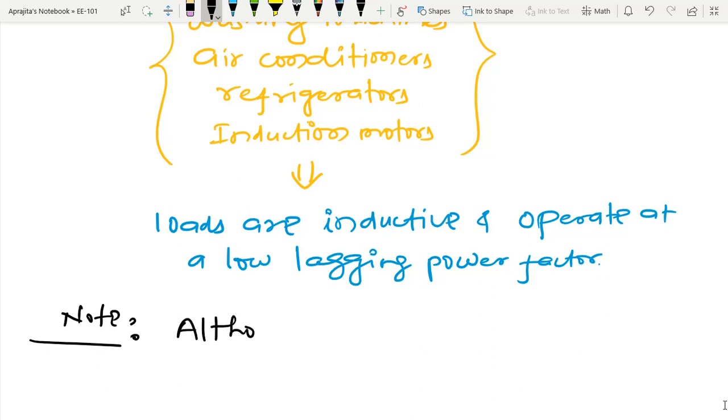Because if you change the nature, then practically I cannot use the same machine for the practical purpose.